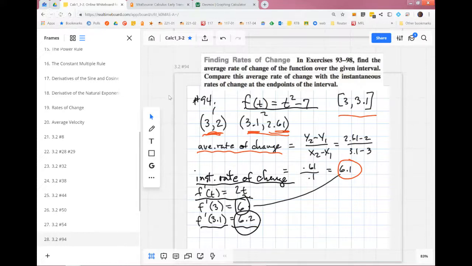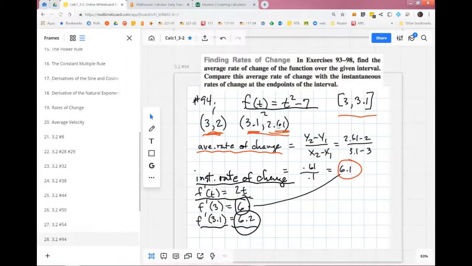The function is t squared minus 7. All right. What's the average rate of change over this interval over here on the right, from 3 to 3.1? So we got to first find those. What's f of 3? Plug in: 9 minus 7 is 2. So there's our first point, 3, 2. What's f of 3.1? Turns out to be 2.61.